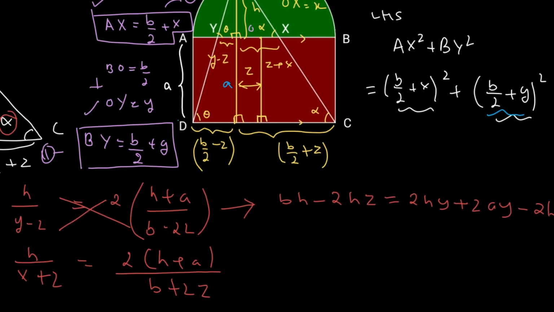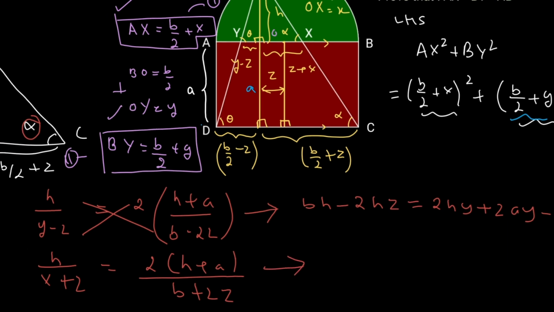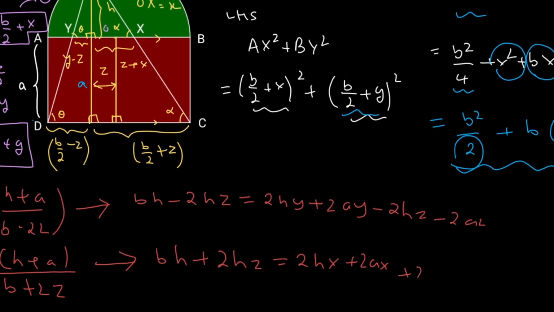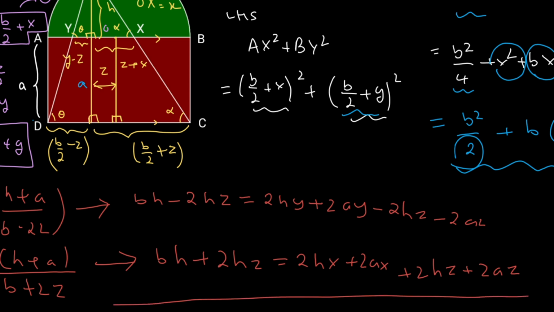Now if I do the cross multiplication in this equation, I will get bh plus 2hz equals 2hx plus 2ax, and then plus 2hz plus 2az. So these are the two equations that I have got by doing the cross multiplication.